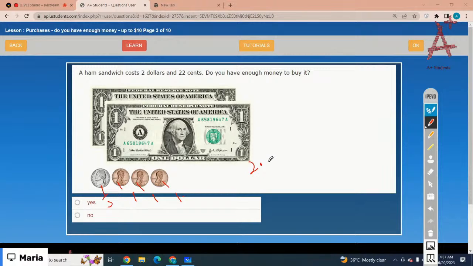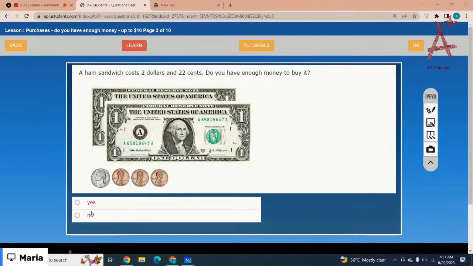So it will be 2.08. Got it? And you need 2.22. So that means the given amount is not enough. The answer is no, this is not enough money to buy the sandwich. So the correct option is no.